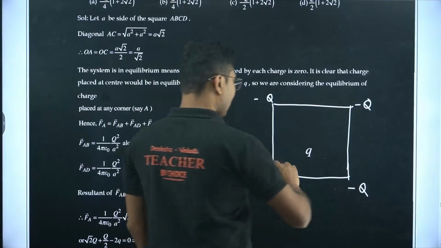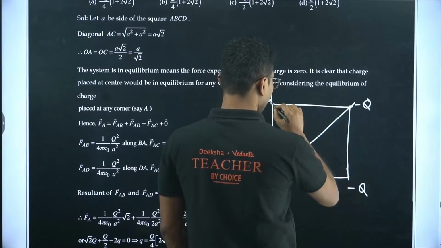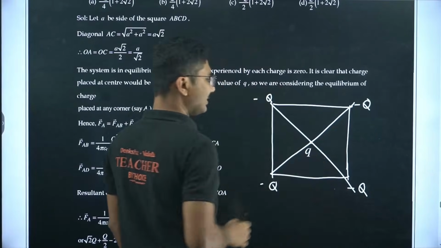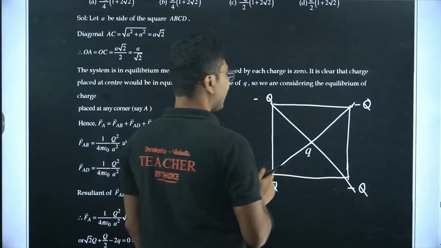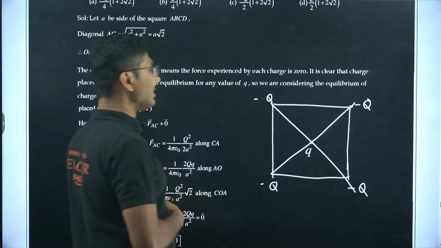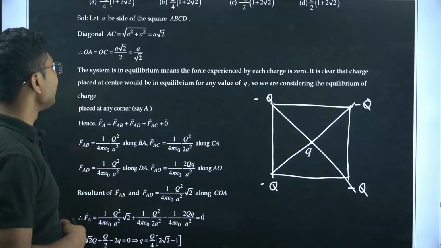You have to calculate the forces. First of all, this charge is located at the center. What are all the forces acting on it? The system is in equilibrium, that means q is in equilibrium.